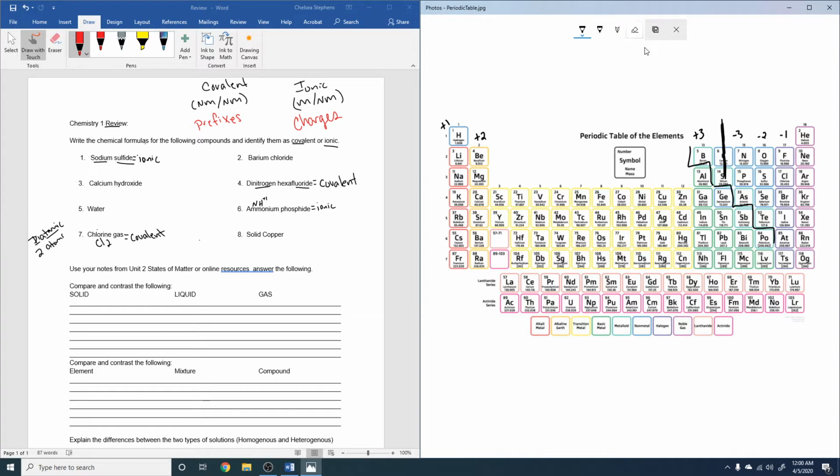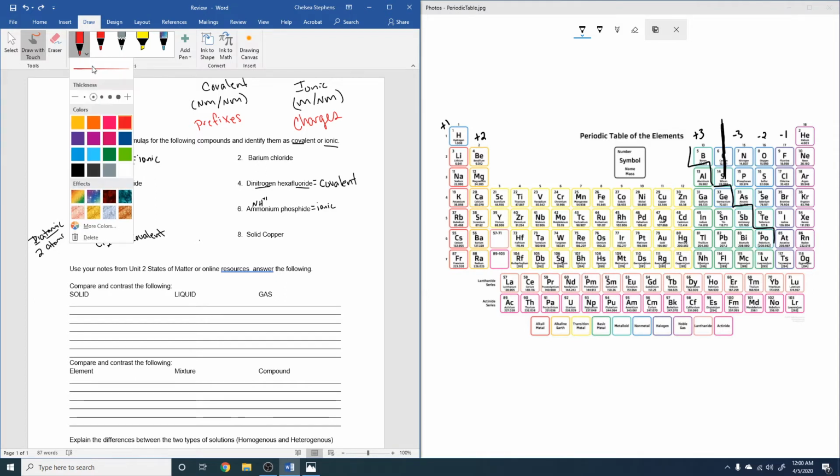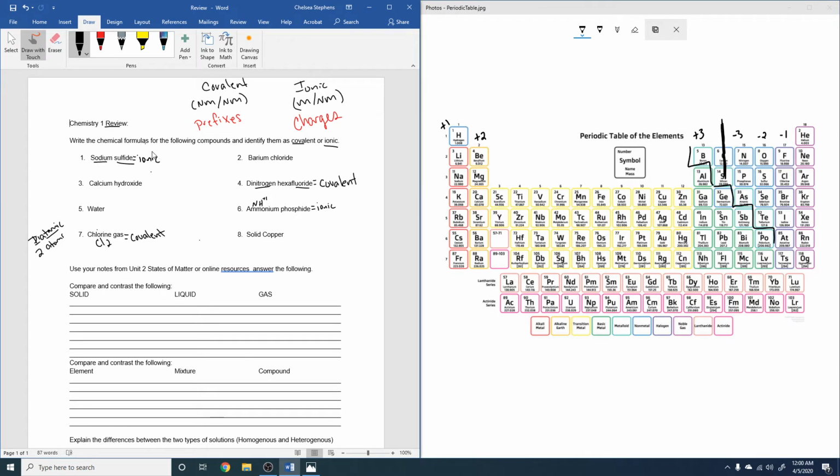Okay, good. So let's talk about this ionic. Like I said, only for ionic, okay? Okay, so if we look at our ionic problems, we'll find sodium, which is Na, and it's in our +1 column.